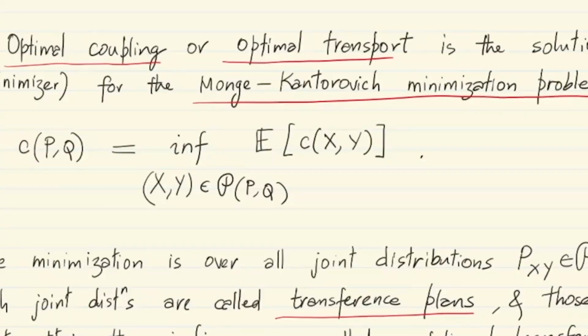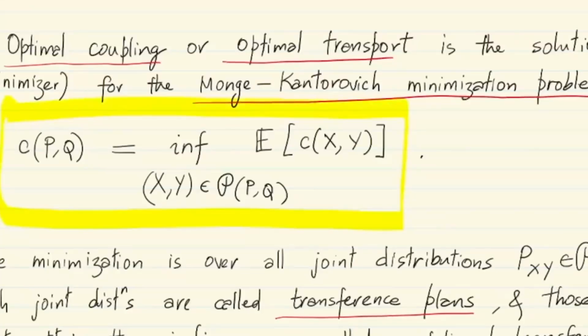So, if C is a given function on X cross Y, which is the transportation cost function, then the Monge-Kantorovich minimization problem asks you to find the minimizer of the expected value of C(x, y) over all possible joint distributions of x and y that respect the given marginals P and Q. Okay, so this is the optimal transportation cost problem.